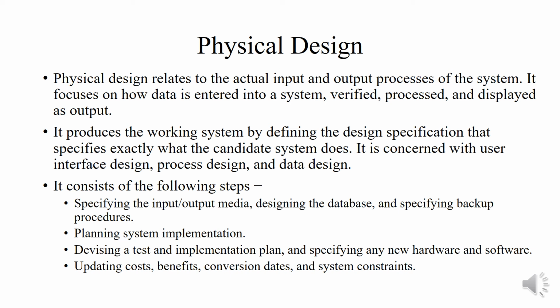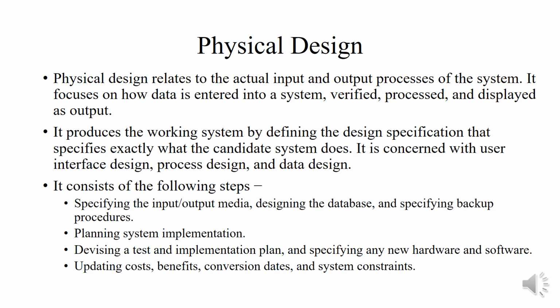Physical design relates to the actual input and output process of the system, which focuses on how data is entered into a system, verified, processed and displayed as output. Physical design produces the working system by defining the design specification that specifies exactly what the candidate system does. It is concerned with user interface design, process design, and data design.